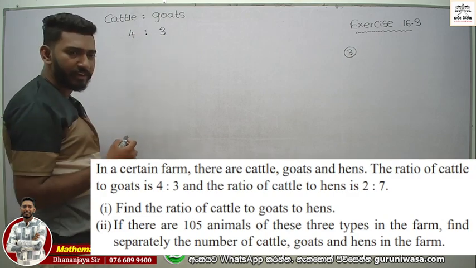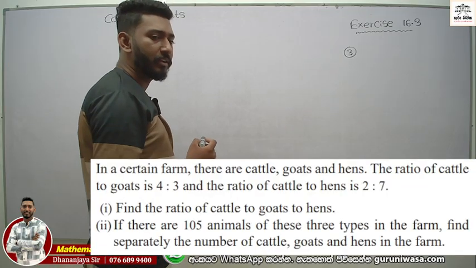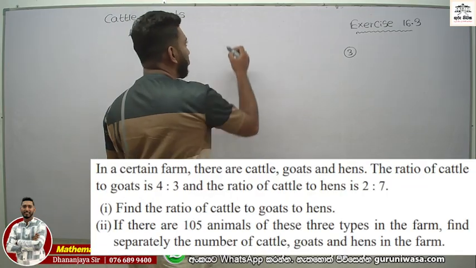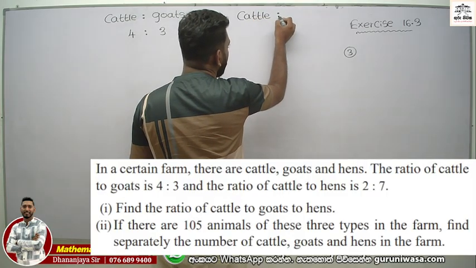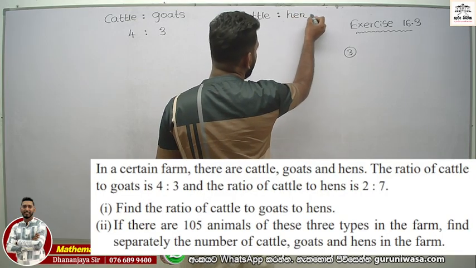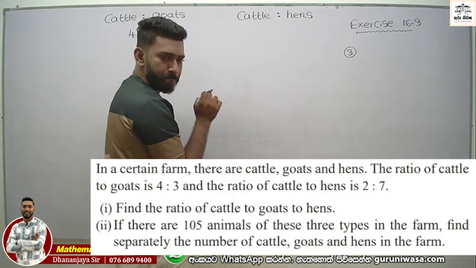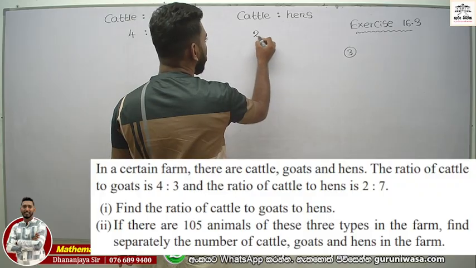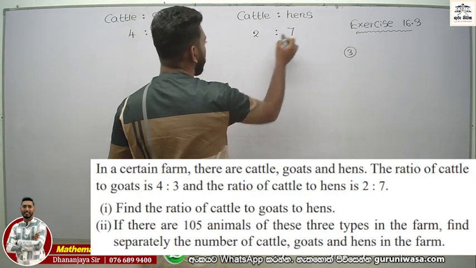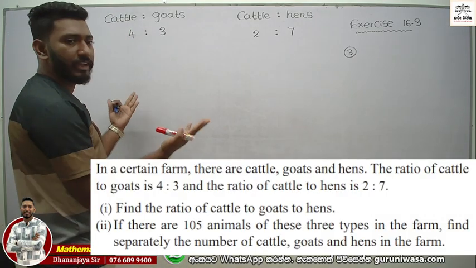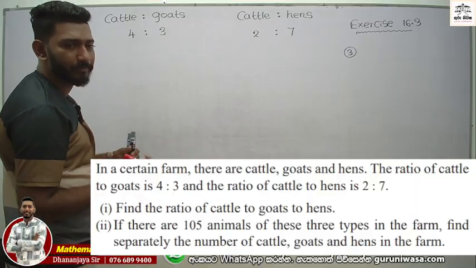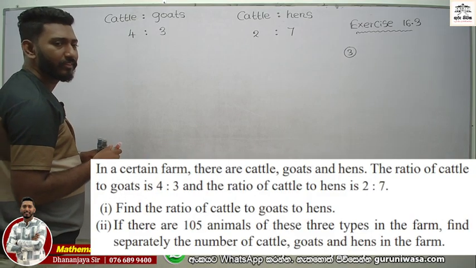Now, what is the second scenario? The ratio of cattle to hens is 2 to 7. Now tell me, what is the common thing? Imalka, what is the common thing? Cattle, goats, or hens? Cattle. Yes, cattle.